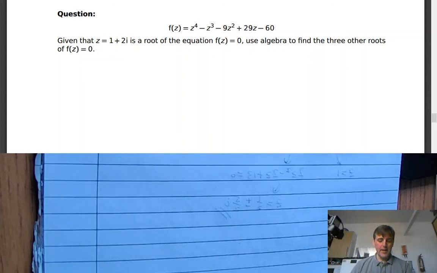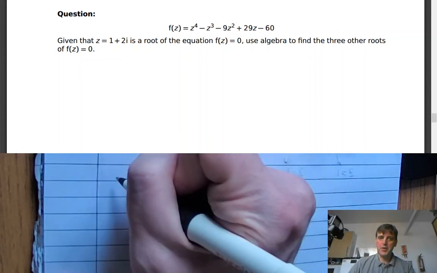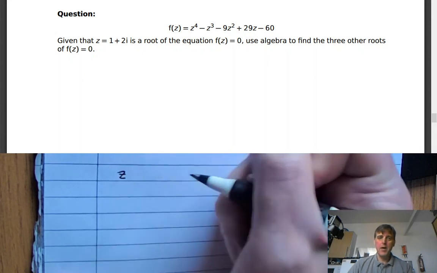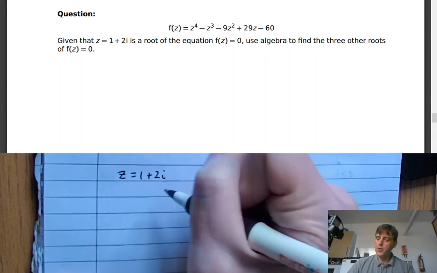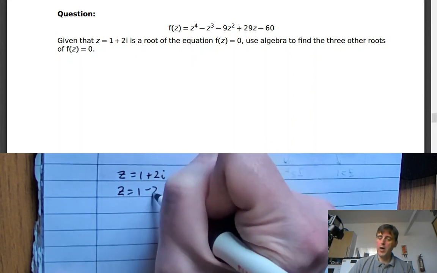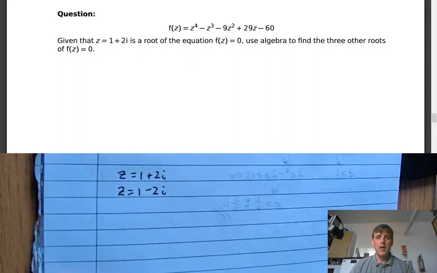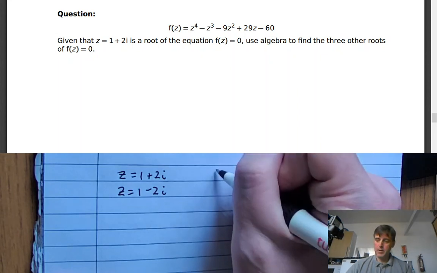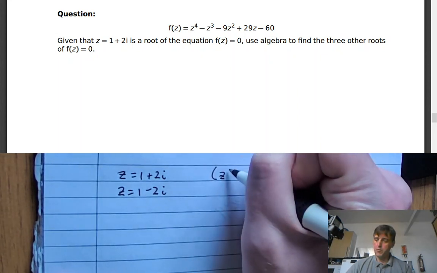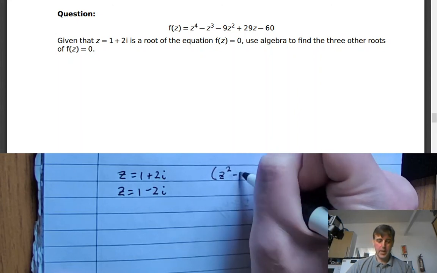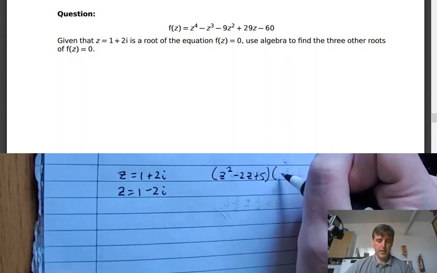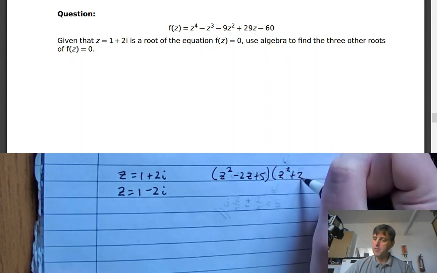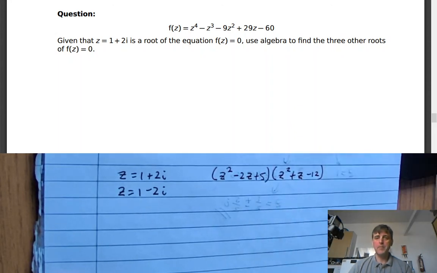All right, how did you get on with this one then? So here's just the answers. We knew that 1 plus 2i was a root already. So that tells us straight away that 1 minus 2i must also be a root of the equation. And if you do the factorising, you should have ended up with z squared minus 2z plus 5 multiplied by z squared plus z minus 12.